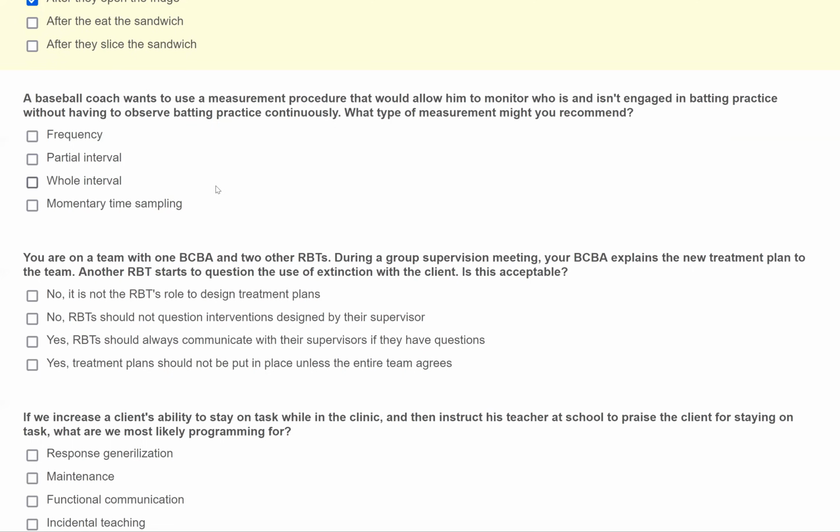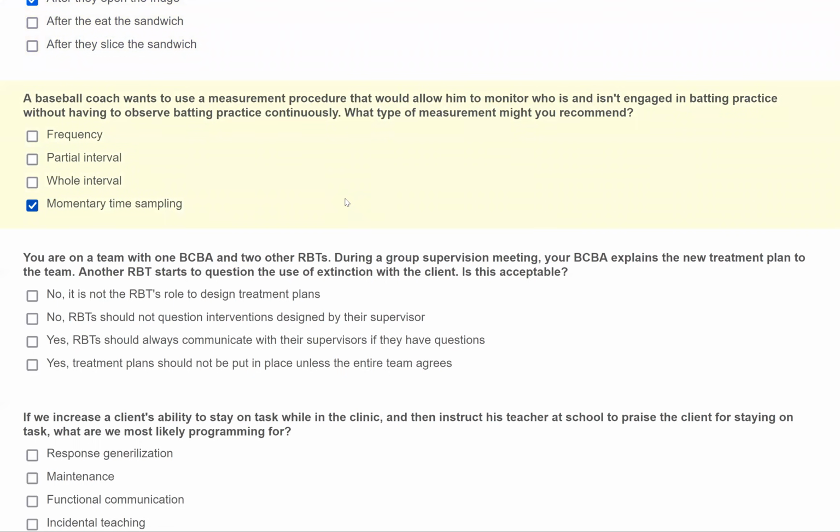However, if he uses momentary time sampling, he can walk away, he can go do other things. As long as he has a timer set, and as long as he checks in on his players at the end of each interval to take momentary time sampling, he is going to be able to monitor who is and isn't engaged in batting practice without having to observe batting practice continuously. So D is a perfect fit for this particular coach.